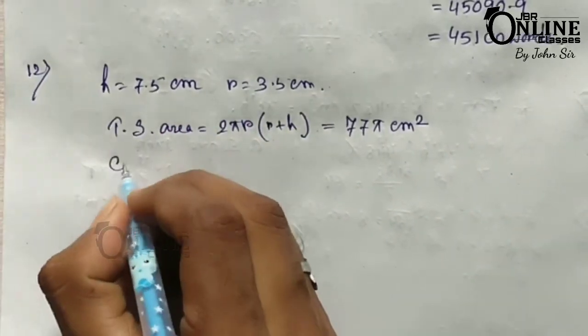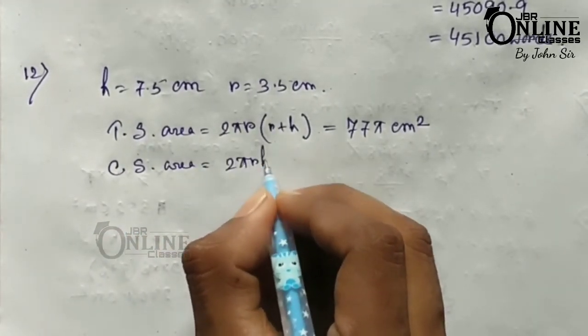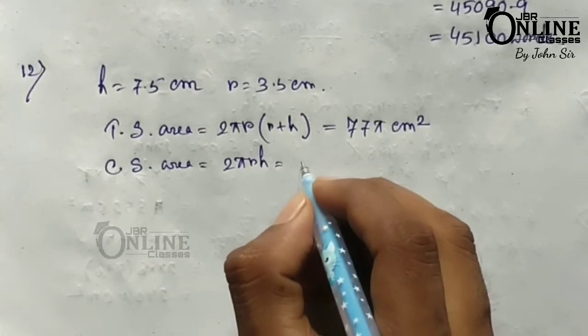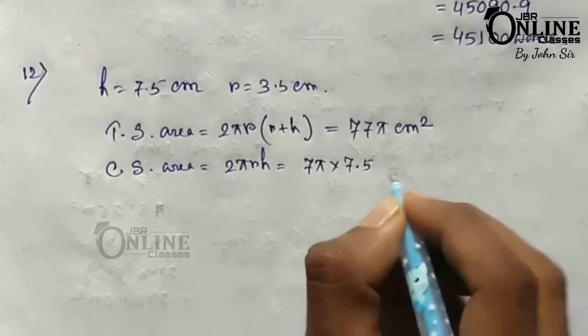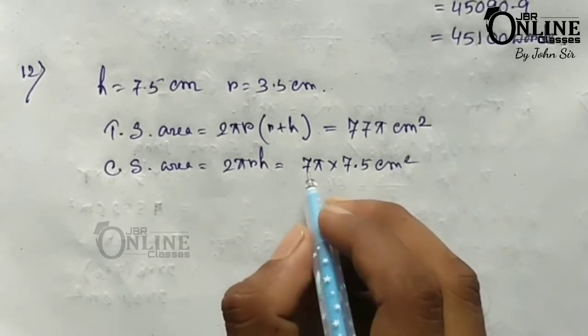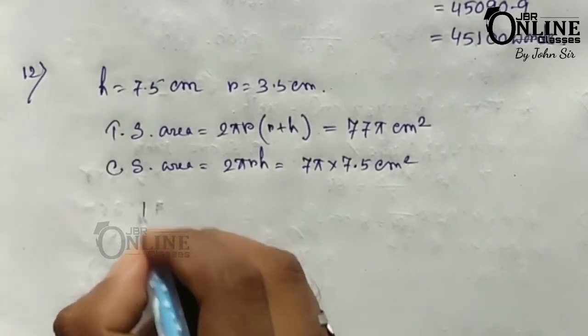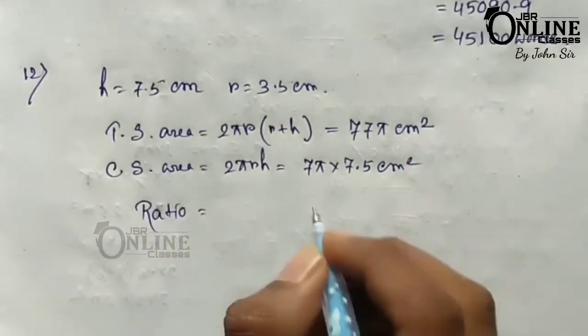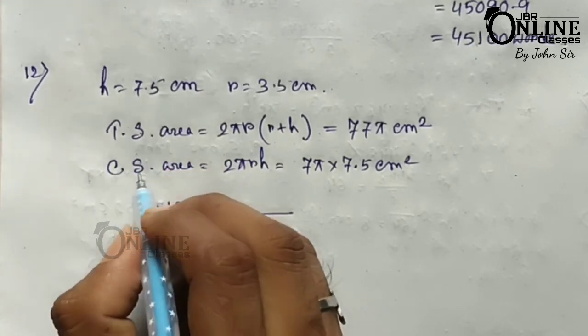Now next you have to find out curved surface area. So curved surface area formula equals 2 pi rh. So put down the value, and then you will get 7 pi into 7.5 centimeter square. Okay, 7 pi into 7.5 centimeter square as the curved surface area. Now you have to find out the ratio. So to find out the ratio, just this one, total surface area by curved surface area.